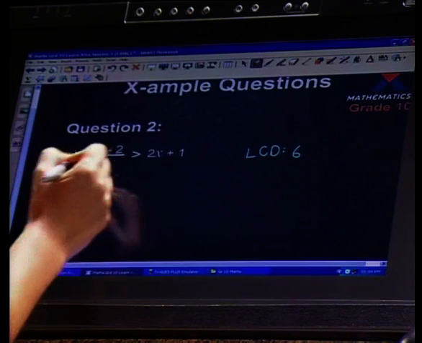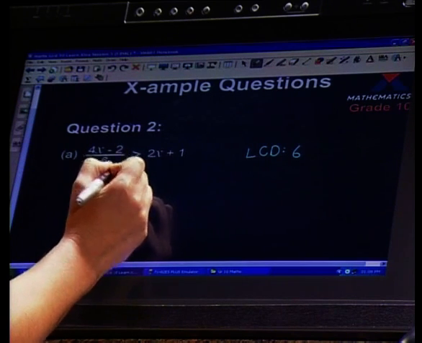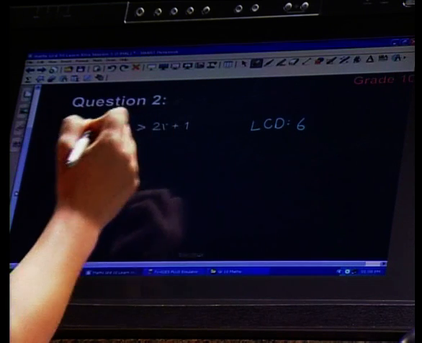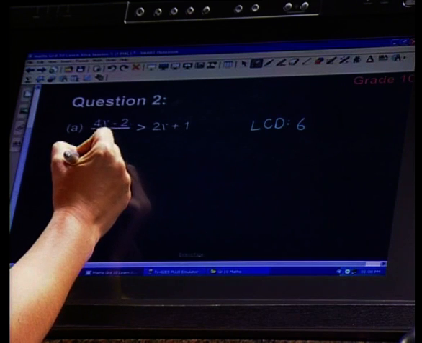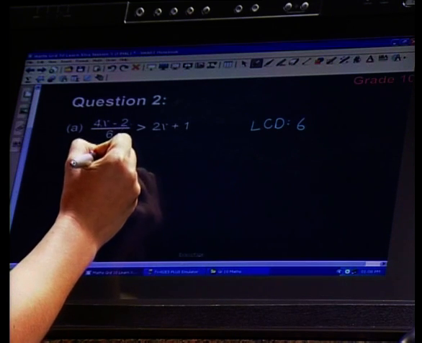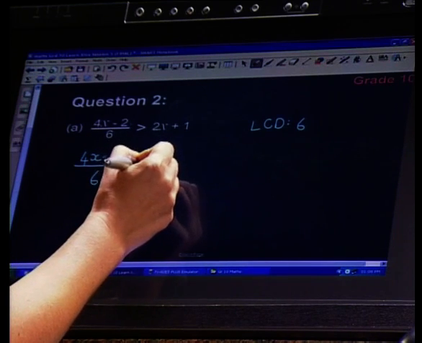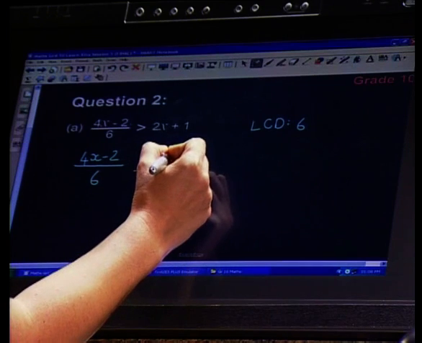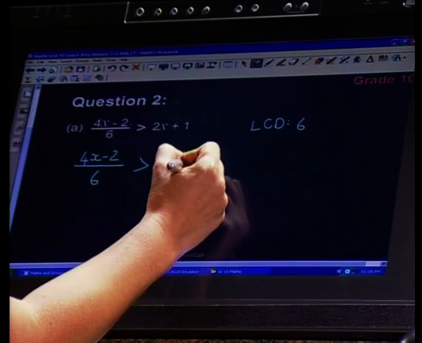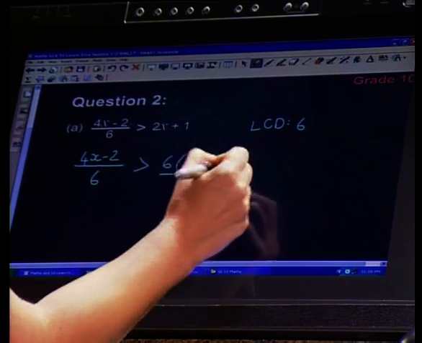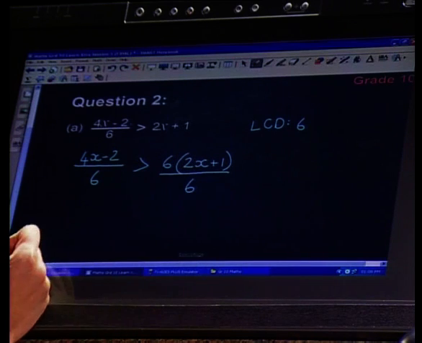Now remember, the only reason the sign will change direction is if we multiply or divide by a negative number on both sides. We don't need to change the left-hand side at all because of the 6 that's there already. But the right-hand side, in order to put it over a common denominator of 6, we're going to have to multiply the top and the bottom by 6.